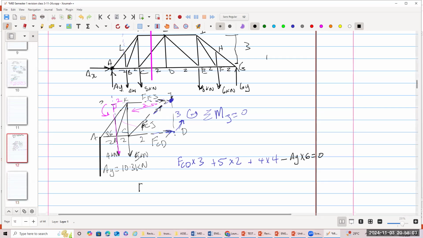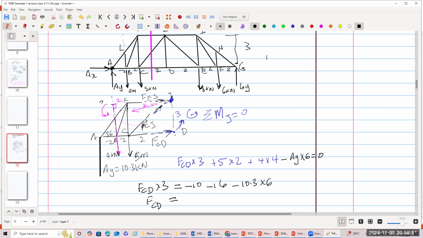So therefore, FCD times 3 is equal to 5 times 2, minus 10.3 times 6. Plus 4 times 4, that's 16, plus 10.